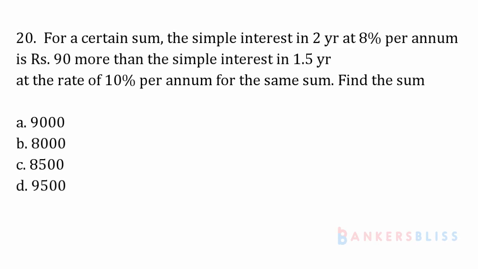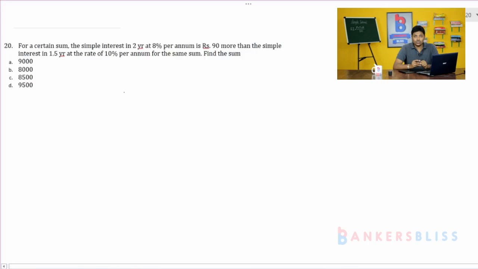Problem number 20. For a certain sum, the simple interest in 2 years at 8% per annum is 90 more than the simple interest in 1.5 years at the rate of 10% per annum for the same sum. Find the sum. So, two different interest amounts, the difference of their interest amounts is rupees 90. So, you have to calculate the principal amount.